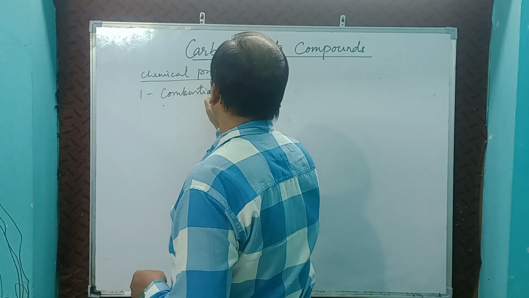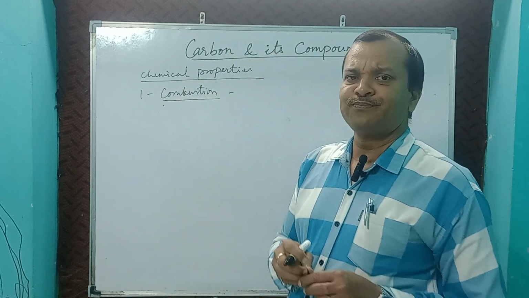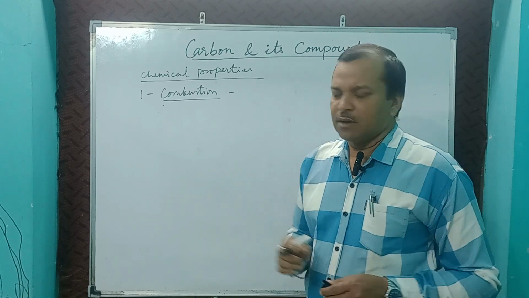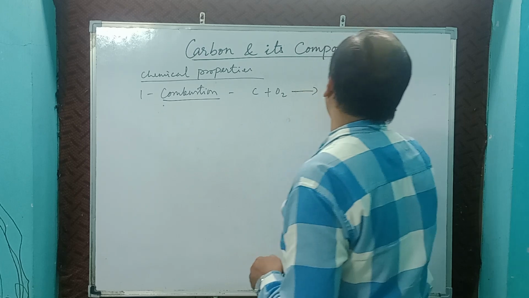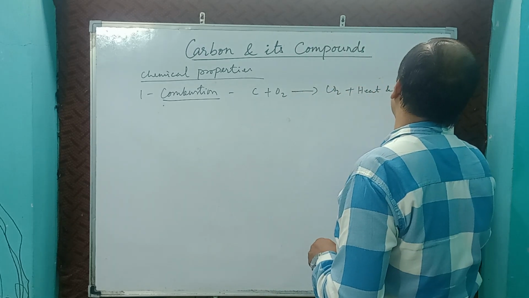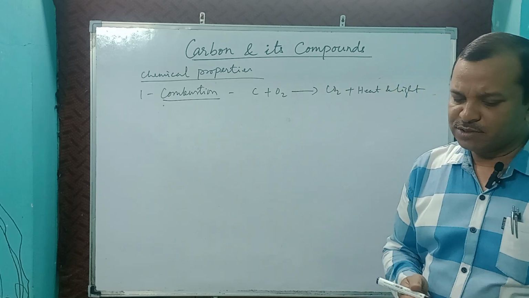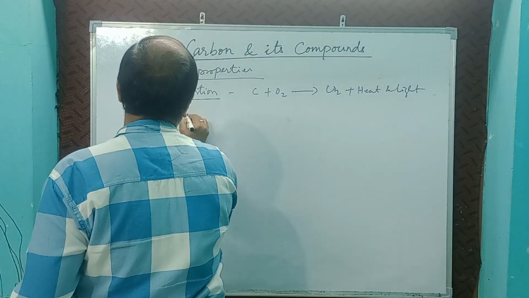Combustion means when something burns. Carbon burns in the presence of oxygen, and we get carbon dioxide plus heat and light. This is combustion. Next one is oxidation.